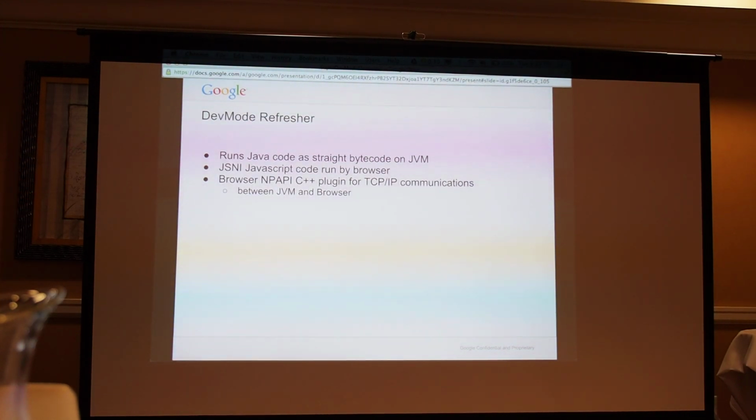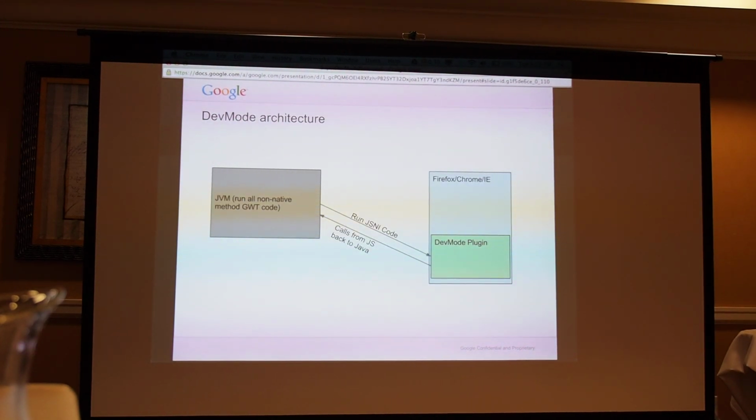However, whenever there's a call to do something actually in the browser, like create a DOM element and append it, it has to call out to an actual live web browser. So the way we do that is we've got this plugin written in C++ that runs in various browsers like Chrome, Firefox, and IE. So this is kind of a diagram of the way it works.